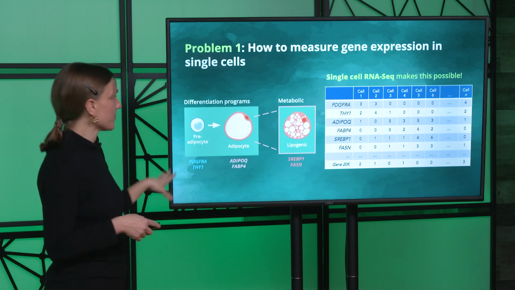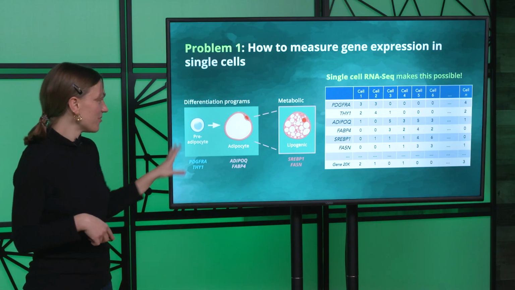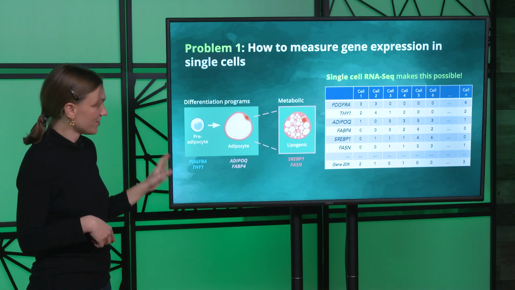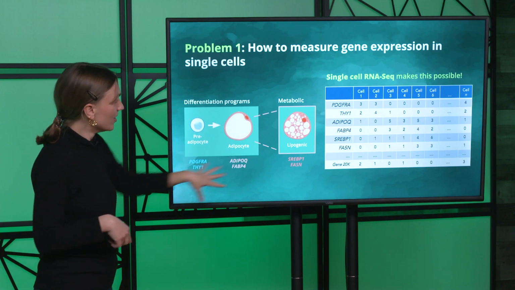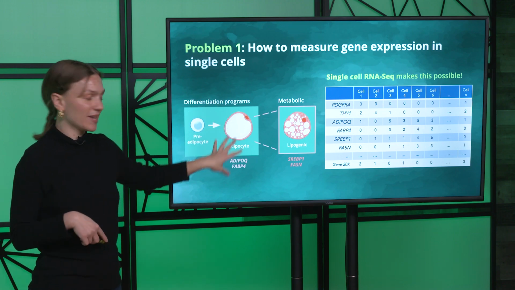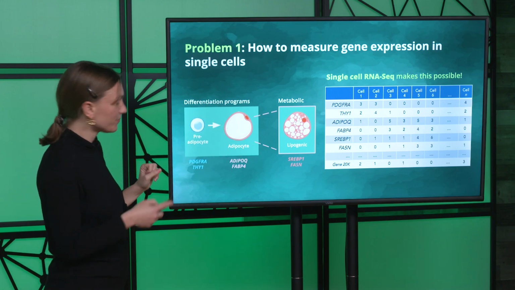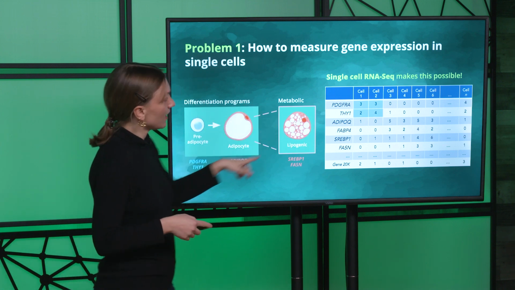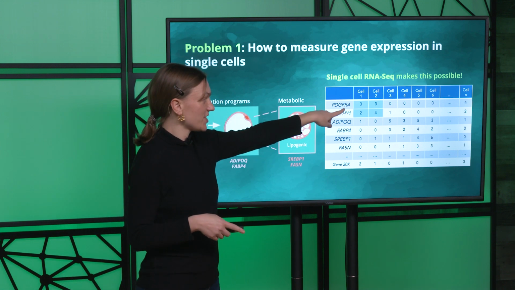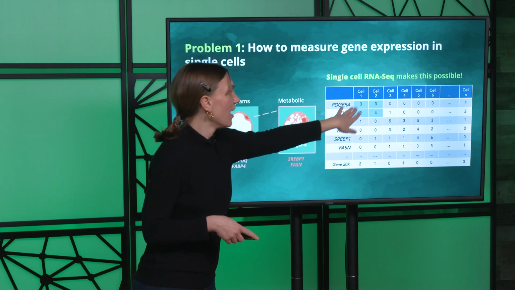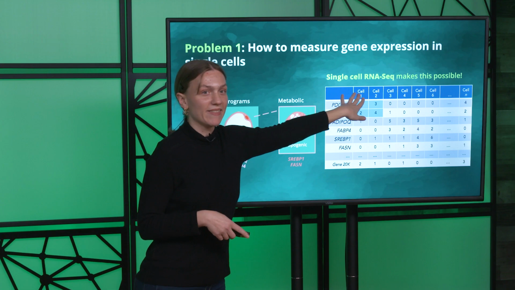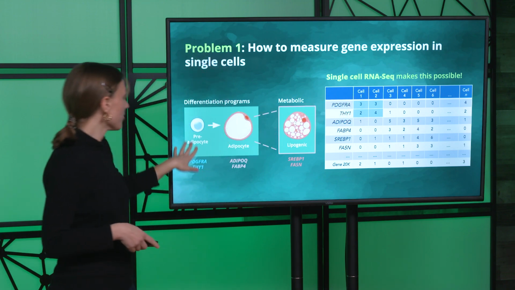Going back to some of the cell populations and programs that we're interested in, if this is the pool of cells that we perform single-cell RNA-seq on, what we might see when we look at the resulting matrix is that the genes PDGFRA and Thy1 are switched on in these first two cells, and so probably these two cells are pre-adipocytes.